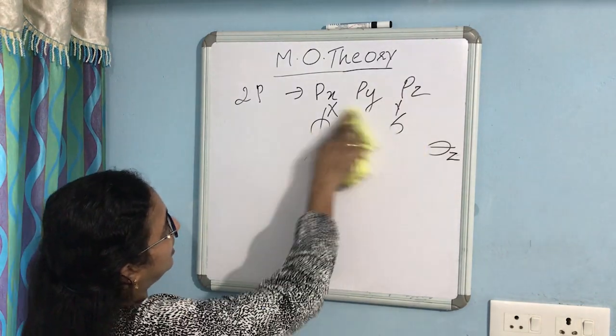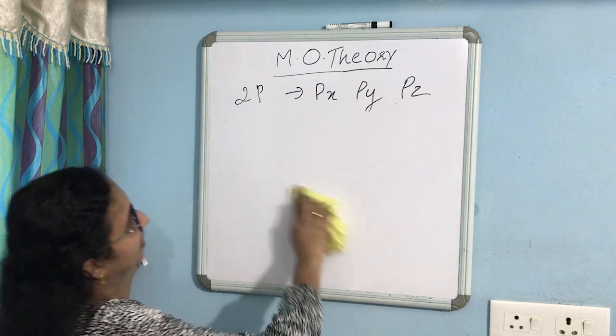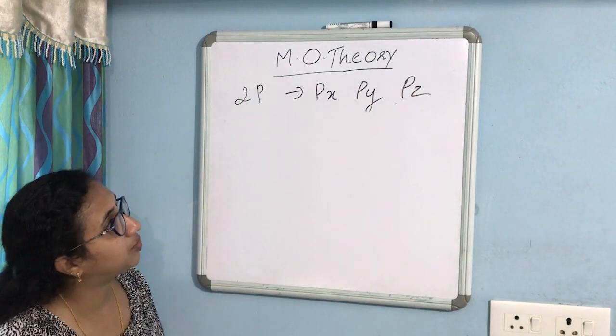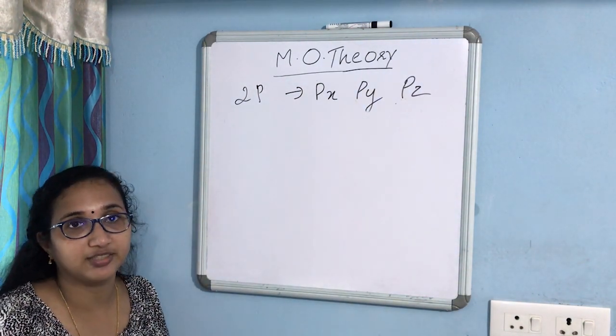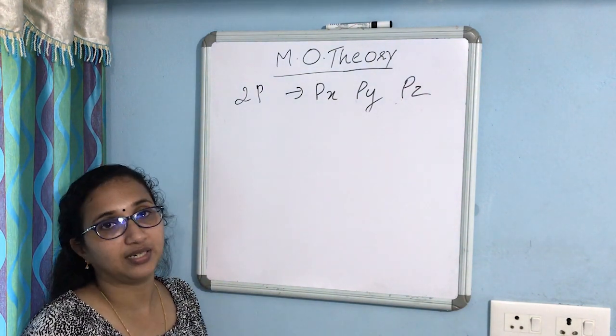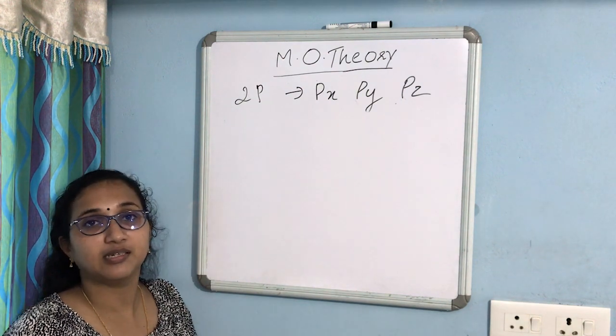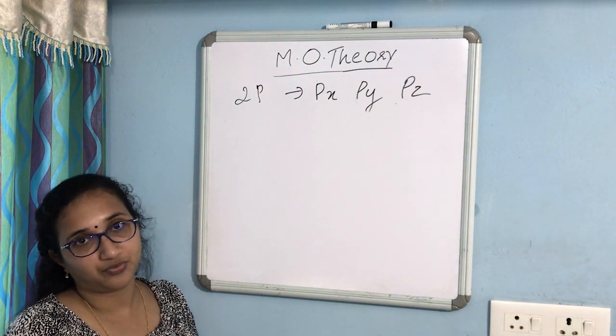So first of all, let's take the pz case. Here we know, even though the p atomic orbitals have the same energy, the molecular orbitals formed from them have different energies. That is because of the difference in orientation or the type of covalent bond formed.